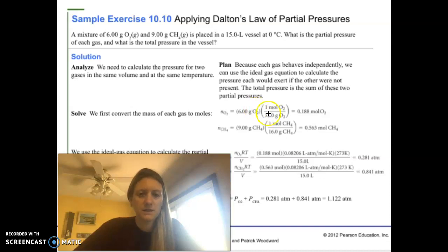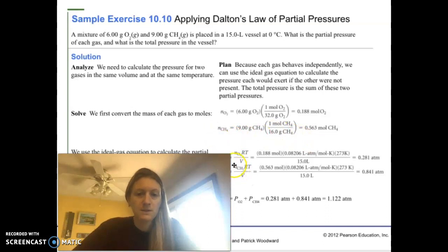We're going to take the 6, divide it by 32 to get 0.188 moles of O2. Do the exact same thing with CH4, except in this case we're going to use the molar mass of CH4, which is 16. So 1 for each H and 12 for the carbon. And we're going to take 9 divided by 16 to get 0.563 moles of CH4.